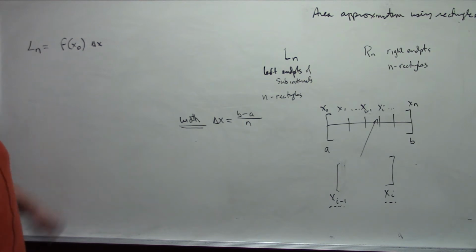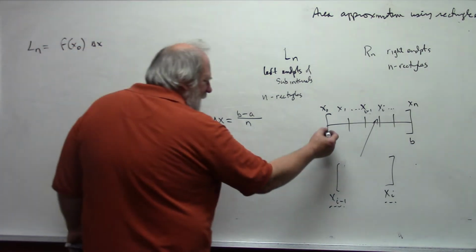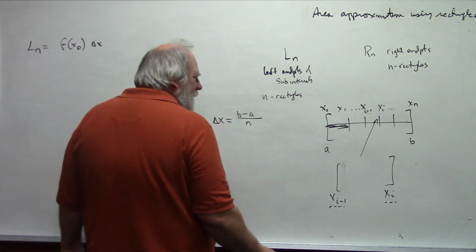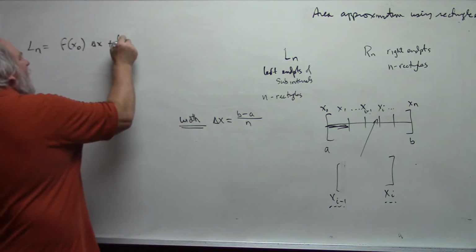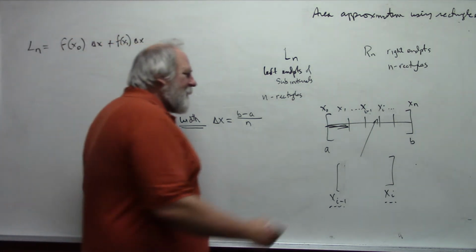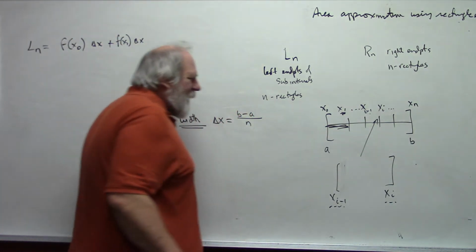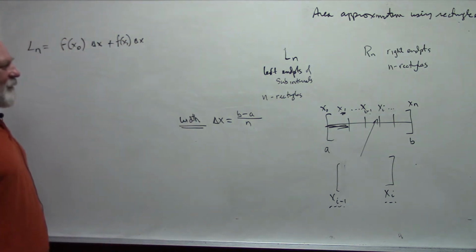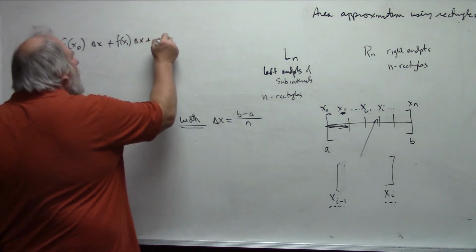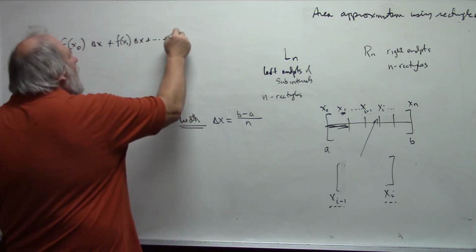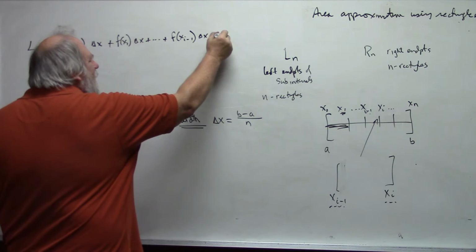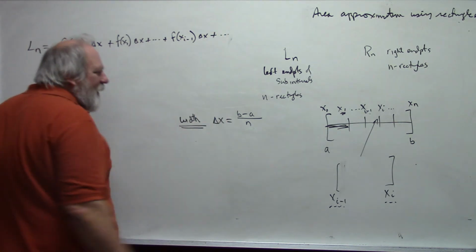So f of x0 delta x, that's using the left-hand endpoint of the first subinterval to get my height, plus f of x1 delta x, that is the area of the second rectangle, using the functional value at x sub 1 to get the height, etc. The general left-hand endpoint, f of x sub i minus 1 delta x, plus continue on until the very last one.